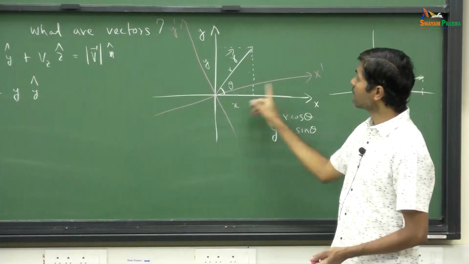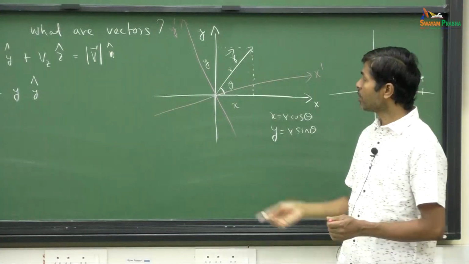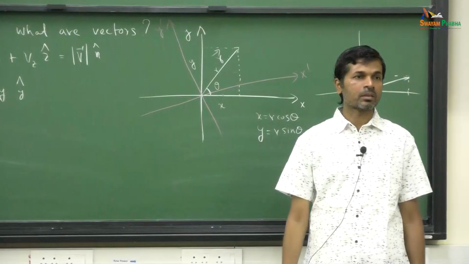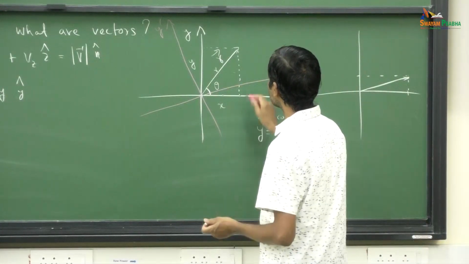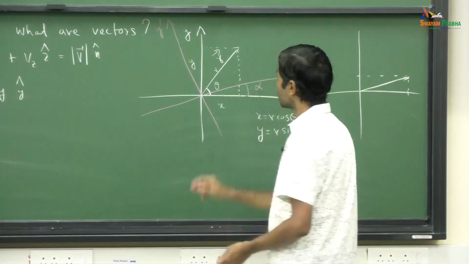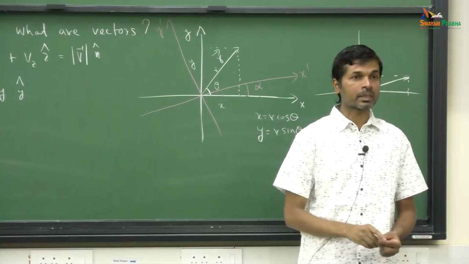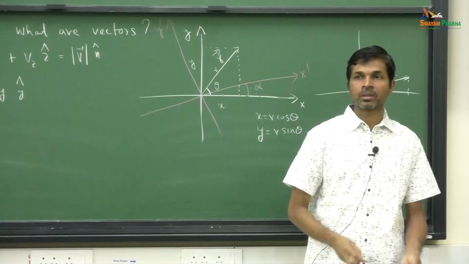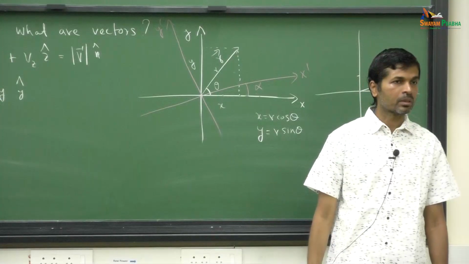And this coordinate system is obtained from the old coordinate system by performing a rotation. So let's say I have rotated it by an angle alpha to find my new x-axis and y-axis. Then of course, obviously the components of this vector change under rotation. Okay?